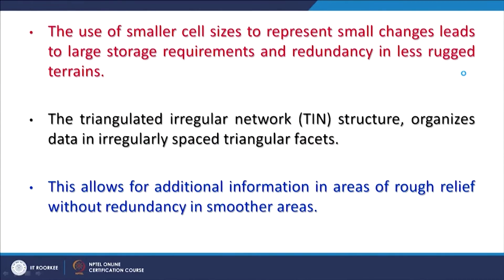TIN we have already discussed. As you know, it is a triangulated irregular network in one file or one TIN. All triangles may be of different sizes and shapes, but they represent triangular facets of the terrain, and that is the advantage because it is adaptable to relief roughness.